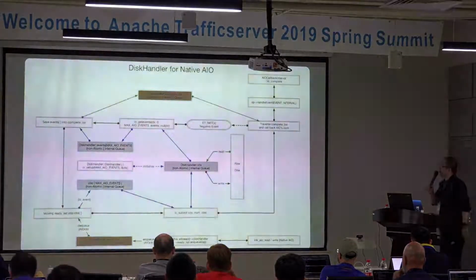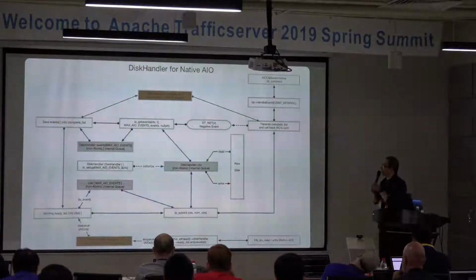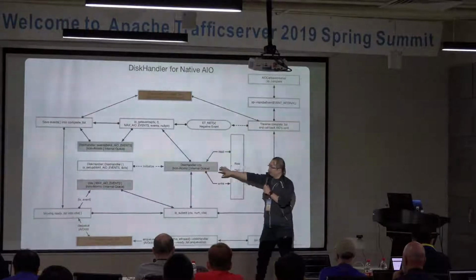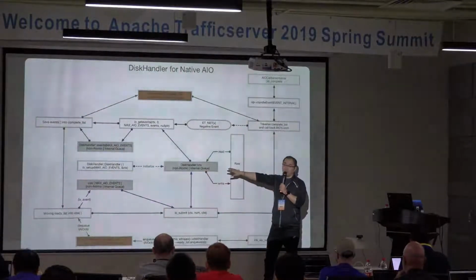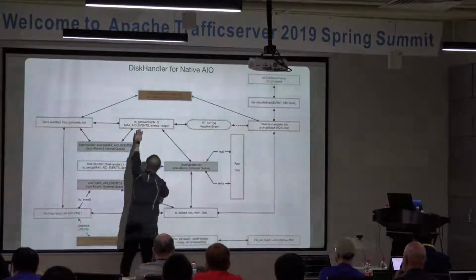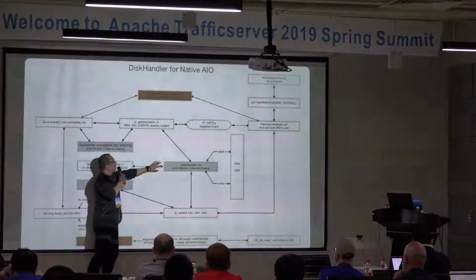This is the detail of the native AIO APIs. So we can see the ctx is like the epoll FD. And for getting events, we create a handler and get events from the handler.